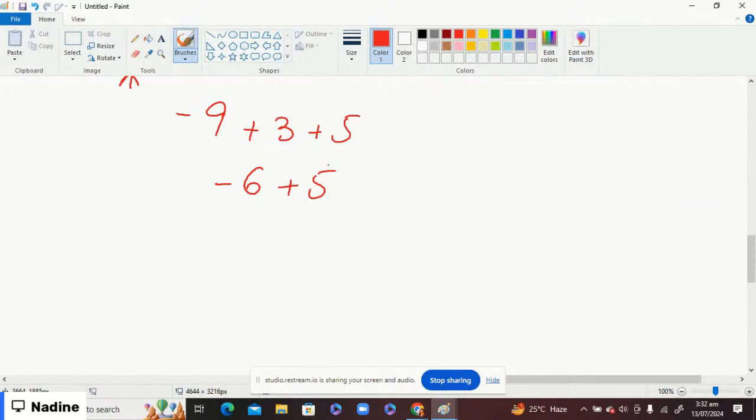But which sign do you put with it? Now you guys tell me. Minus sign or plus sign? Check the sign with the greater number. So 6 is greater here, and with the 6 it's negative sign, and 5 is the smaller number, and with the 5 it's positive sign.